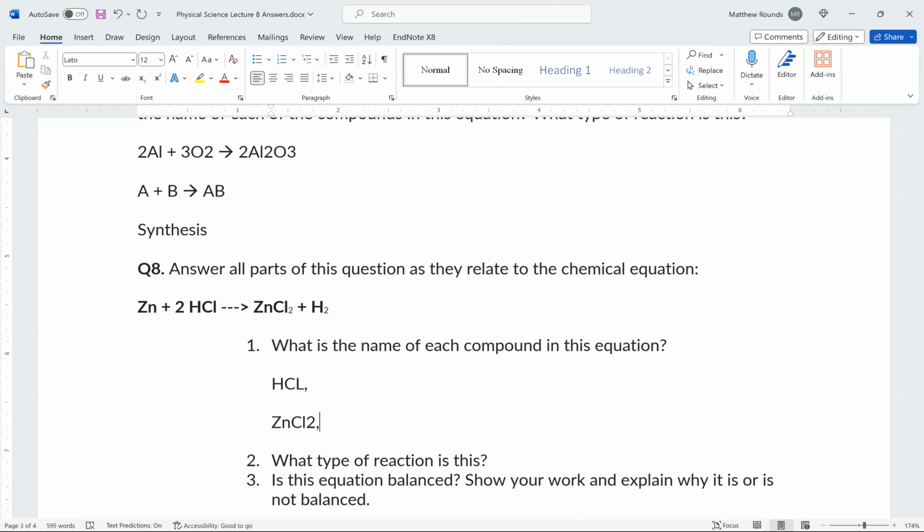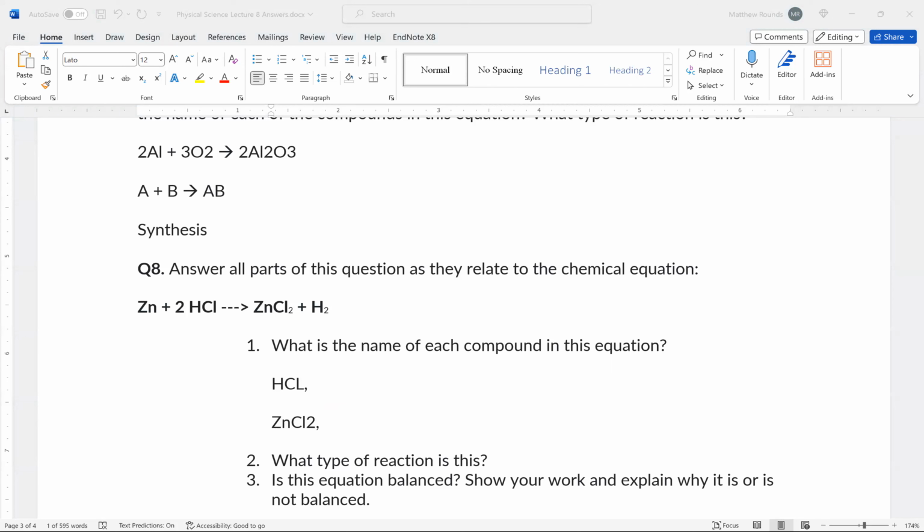H. That's hydrogen. No, together. We already know that it's hydrogen and chlorine. What's the name when they're together? Like all of it. ZnCl2, that thing. It just keeps giving me hydrogen.